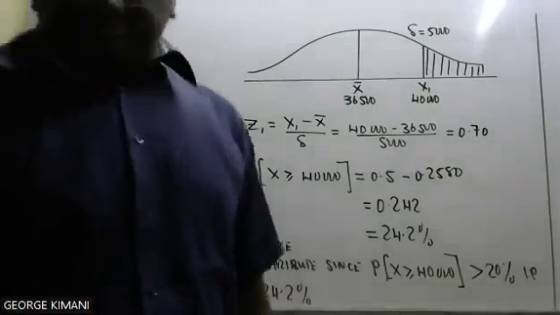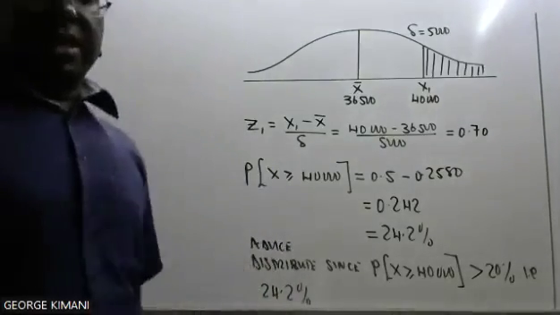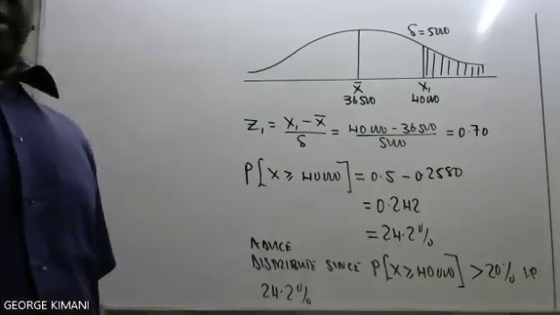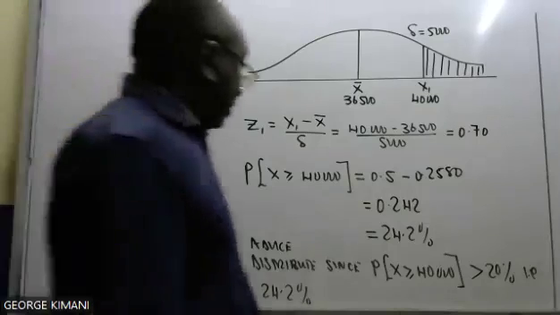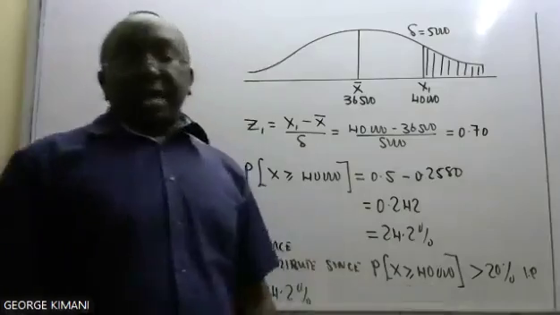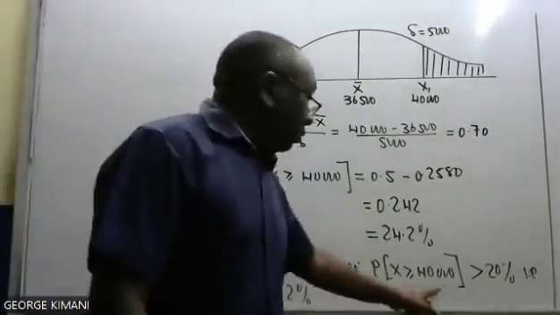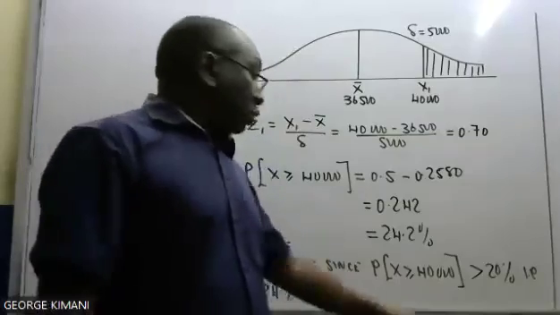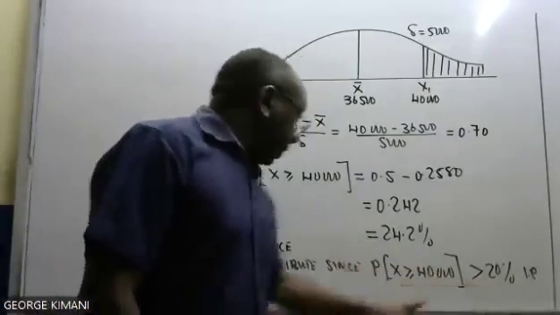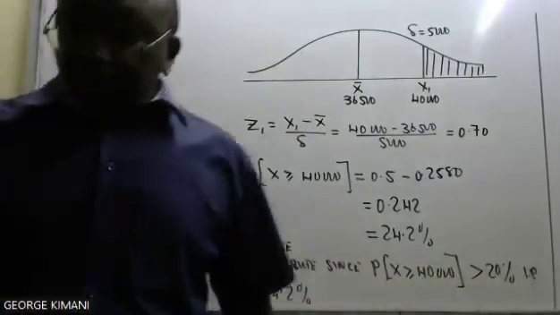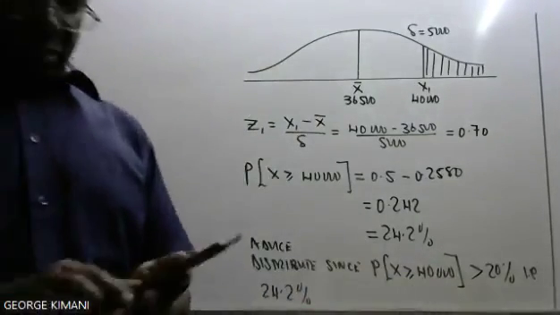They should distribute because you can see that those which will exceed or be equal to 40,000 kilometers are more than 20%, exactly 24.2%. So those tires should be released to the market.